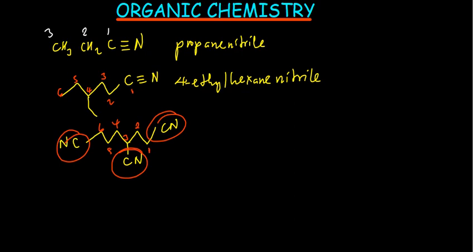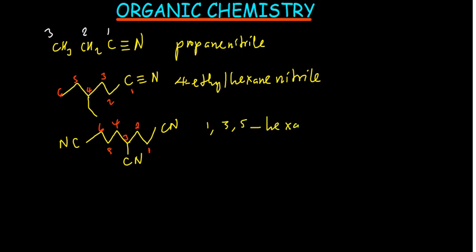We will not number the carbon of the nitrile. So to be able to name this one, we'll simply state the positions of the nitriles. We have got position number 1, position number 3, position number 5, and this one has got 6 carbons, so that is hexane.